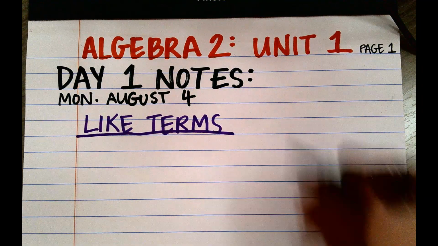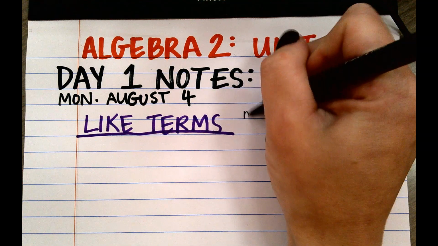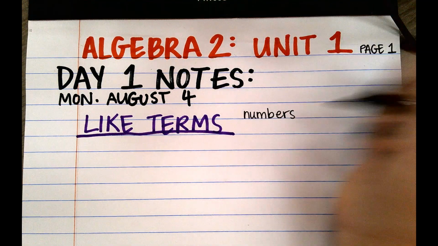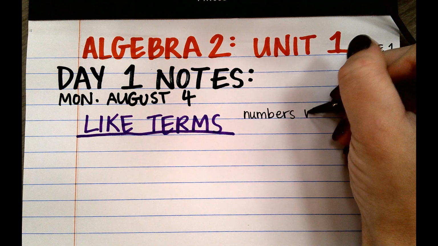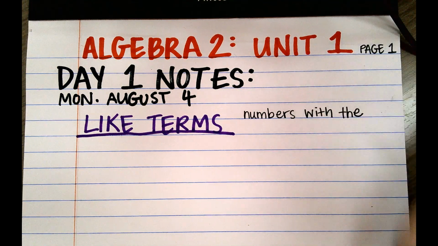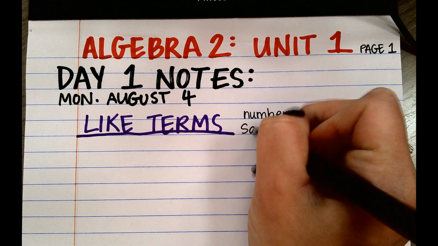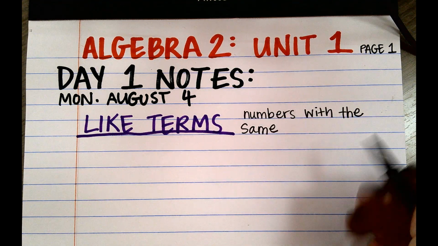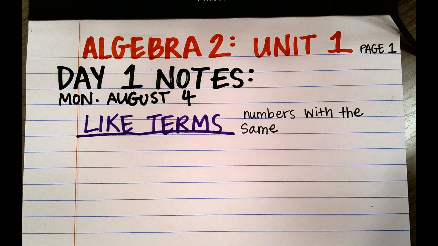Like terms are numbers with the same variable. Remember, variable is a letter.